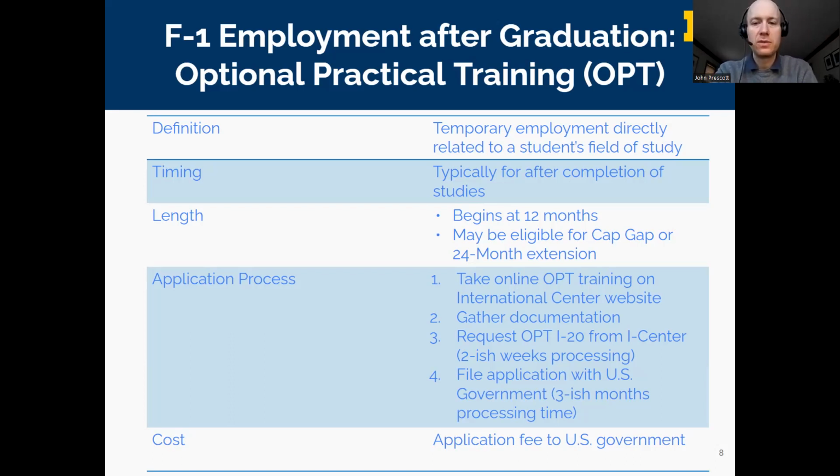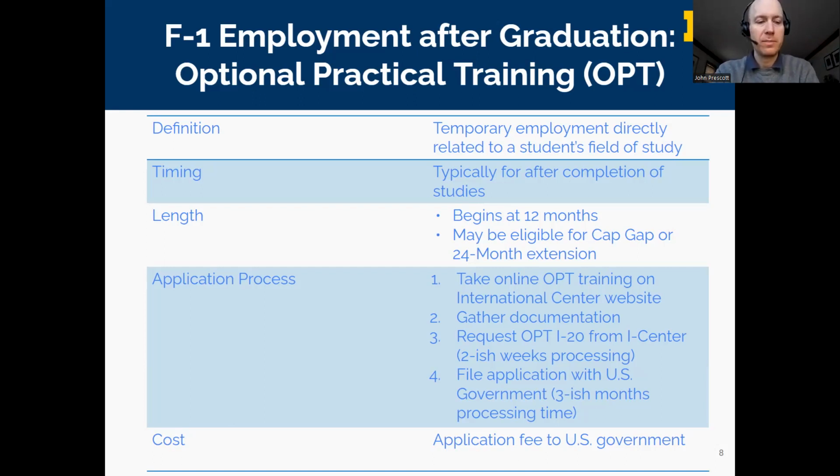But if there's a student who's currently on OPT and that OPT period is ending, let's say in May or June or July of a given year, if they're successfully sponsored for H-1B earlier in that calendar year, like April or May, and let's say their OPT expires June or July, if the H-1B is filed for the student before their OPT ends, there could be an extension of OPT to bridge the gap between the end of OPT and the start of H-1B. That's called CAP-GAP.